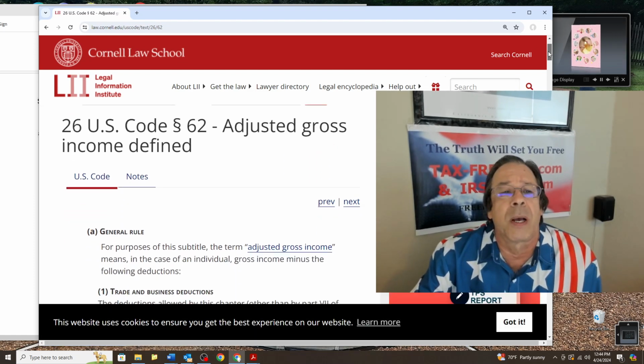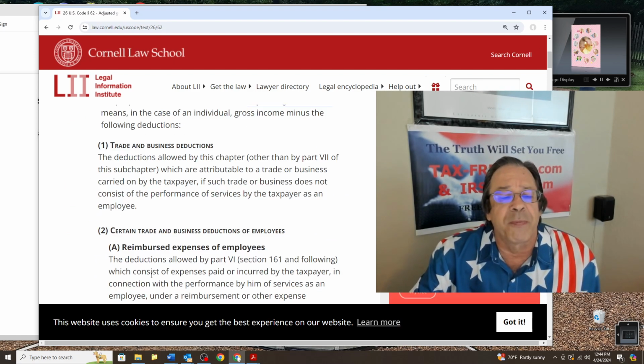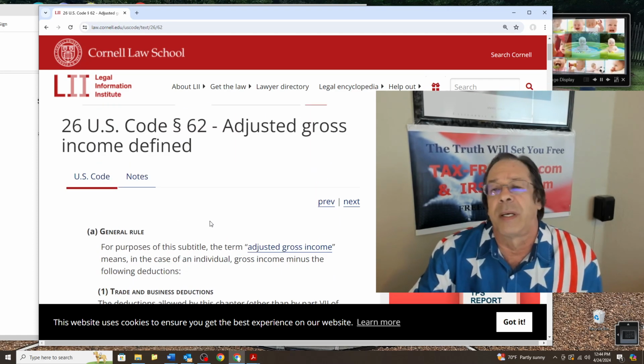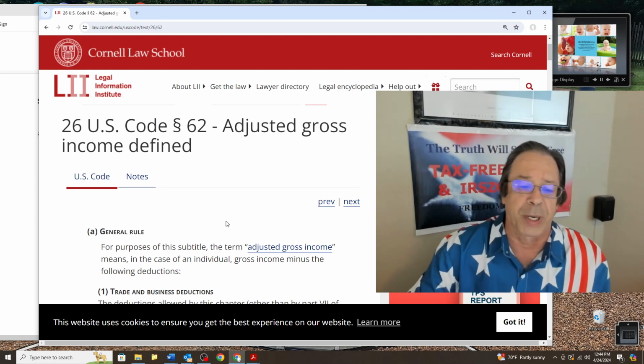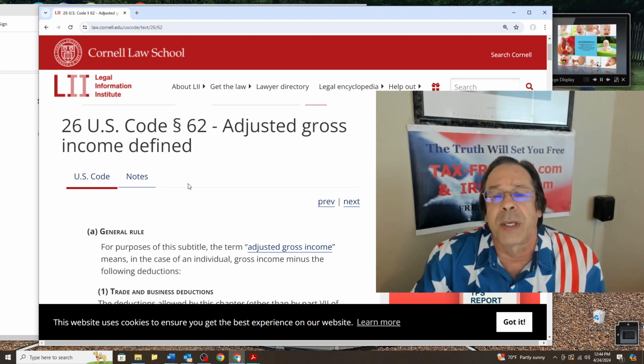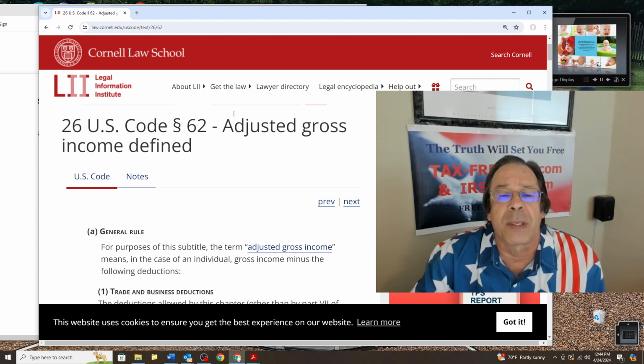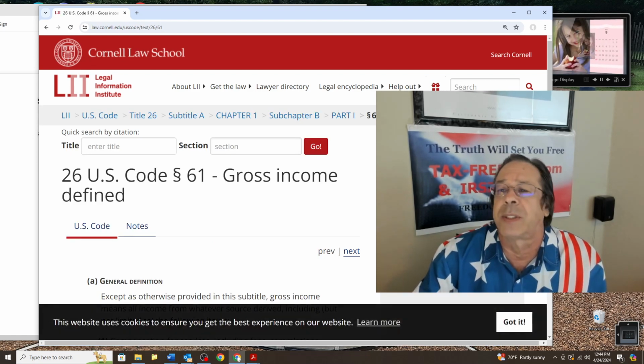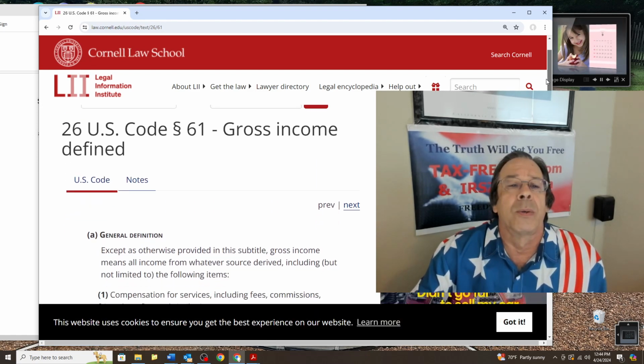Adjusted gross income is gross income minus the following deductions. Certain trade and business. There are other deductions outside of Section 63. So taxable income and adjusted gross income are gross income adjusted by certain deductions allowed under each statute. That takes us to Section 61, gross income.